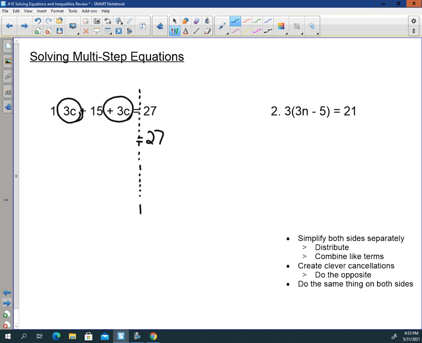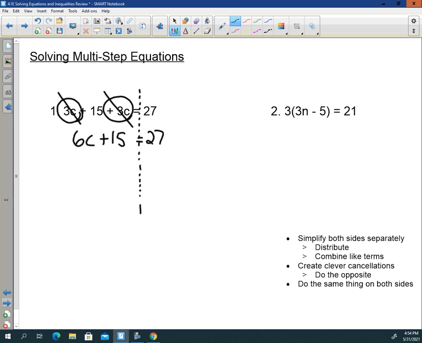Because those terms have the exact same variable raised to the exact same power, then we can put them together. It's like 3c's plus another 3c's is 6c's. And we've taken care of simplifying those. And then our plus 15 just comes along for the ride because there's nothing to combine that 15 with, and we have simplified both sides separately.